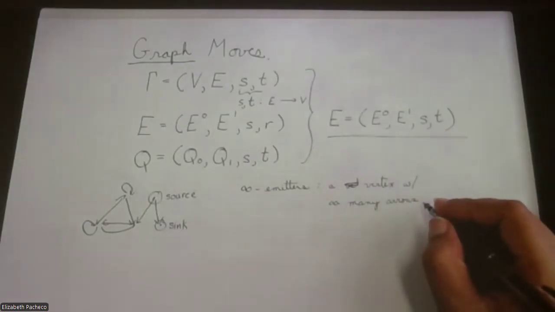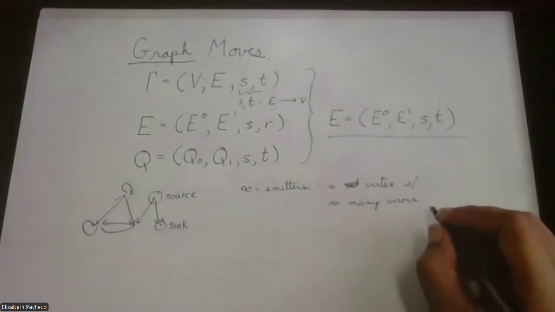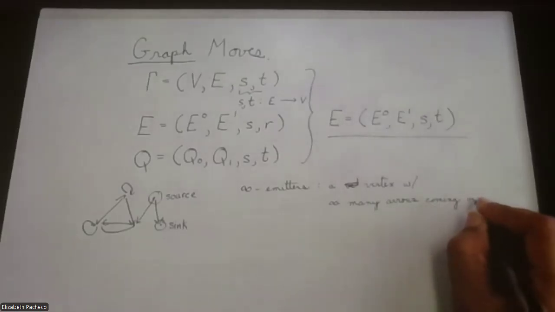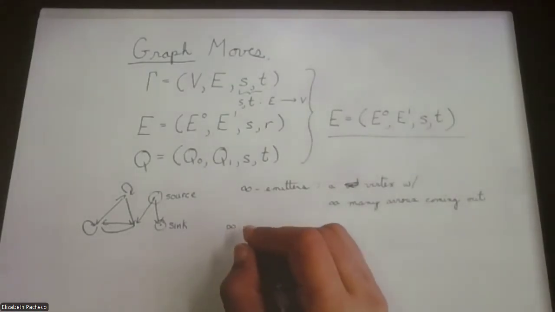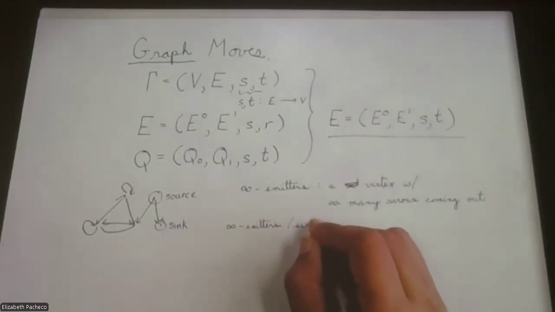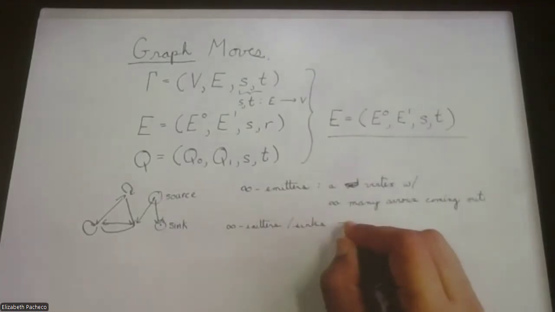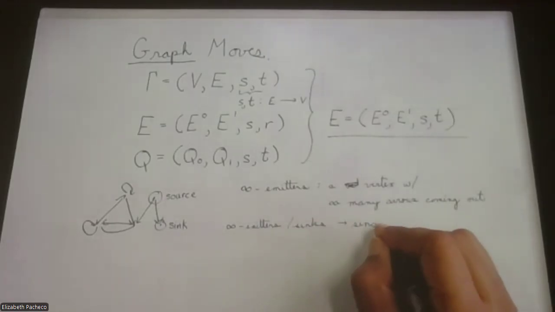If you're like, oh, how much is she going to do with infinite emitters? Almost nothing. But they do exist, and we should acknowledge the existence of the beasts out there. Infinitely many arrows coming out. And you can also have infinite receivers, though I will mention that infinite emitters and sinks are both considered singular vertices.